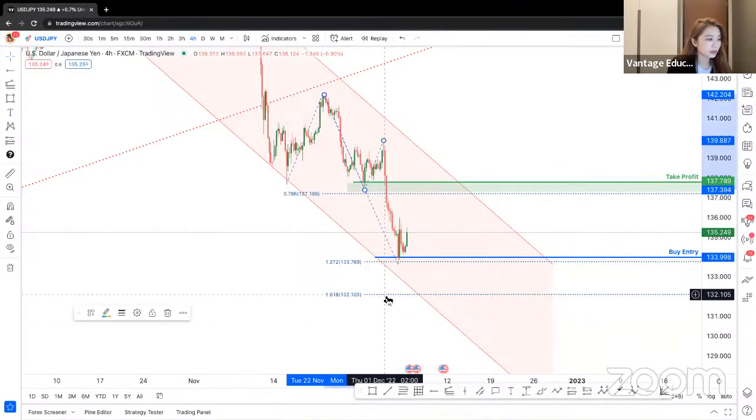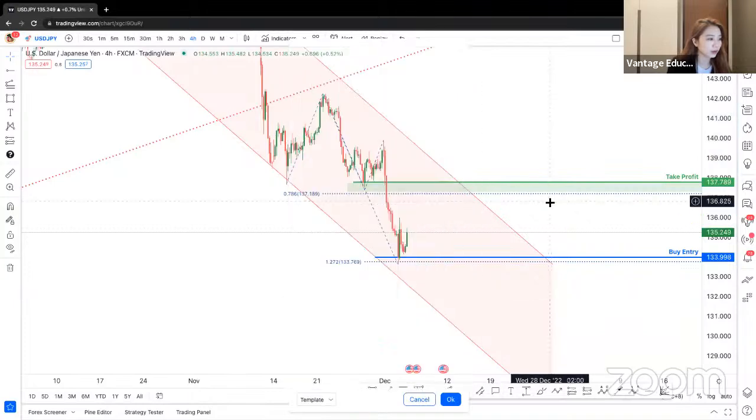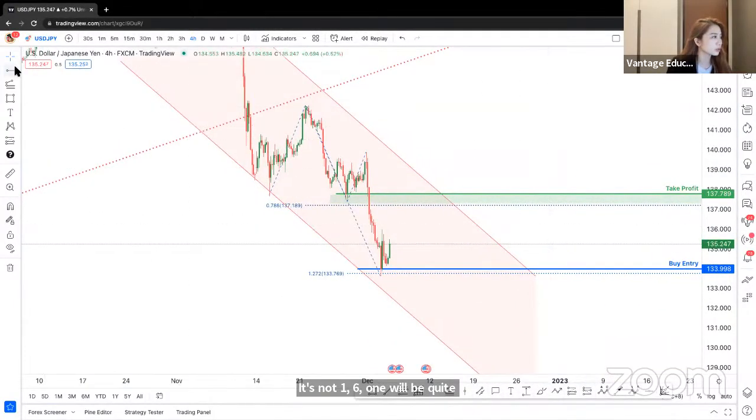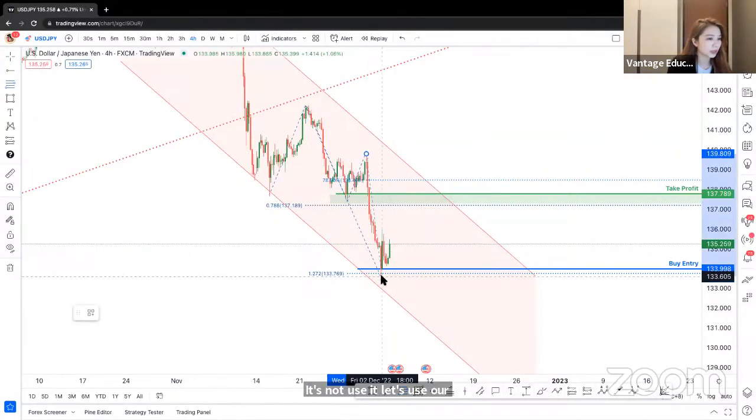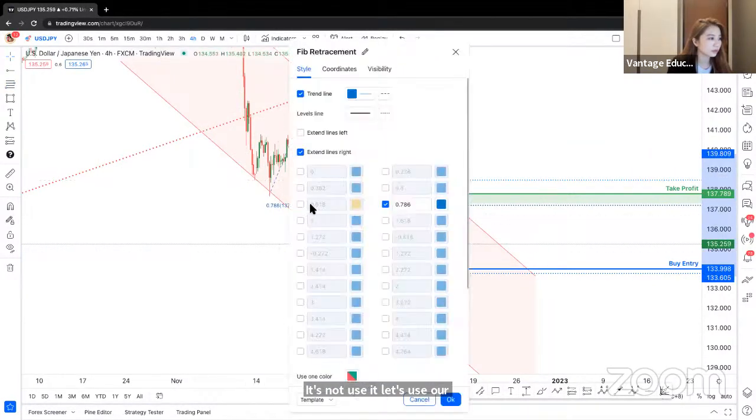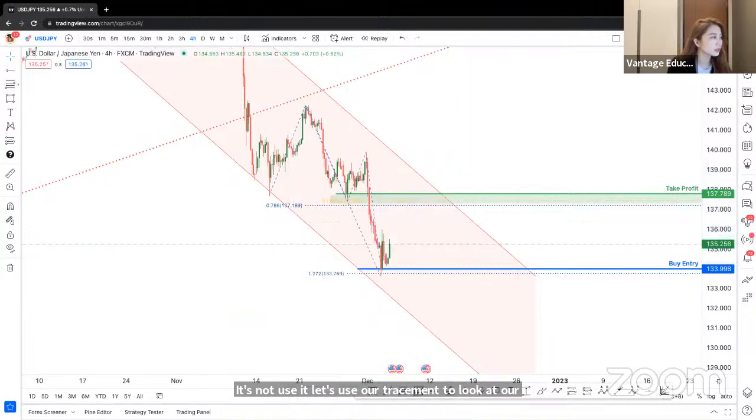Stop loss if it's 161 will be quite far, so let's just not use that. Let's use our retracement to look at our take profit. It'll be 61.8.